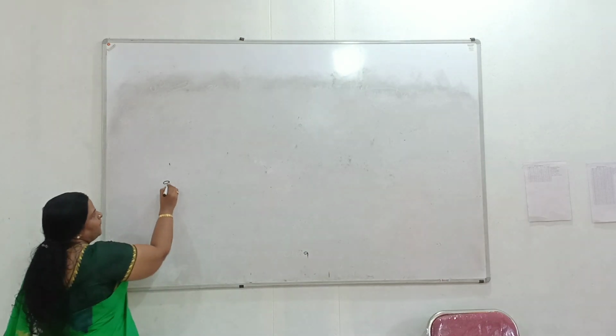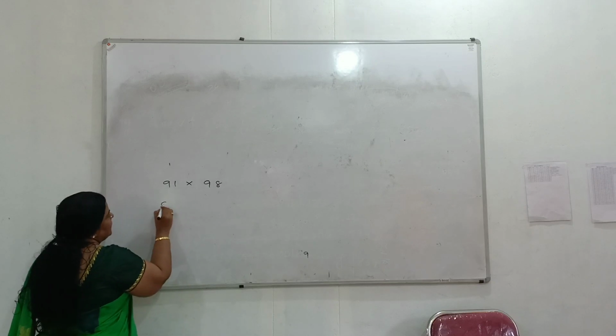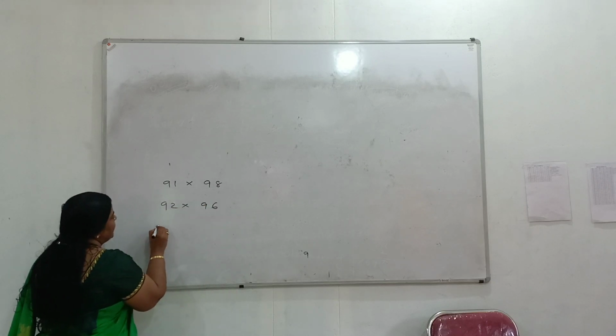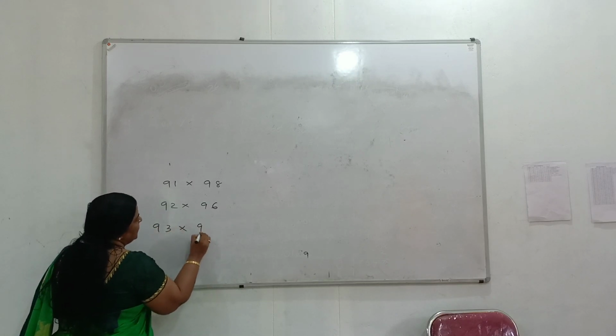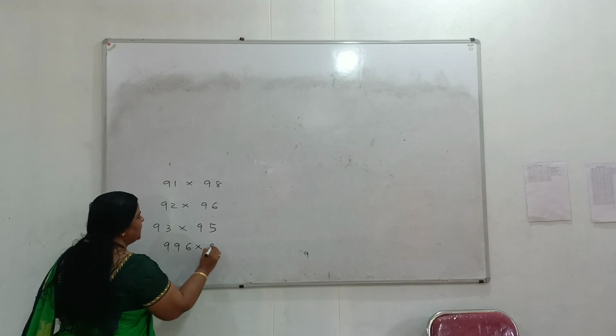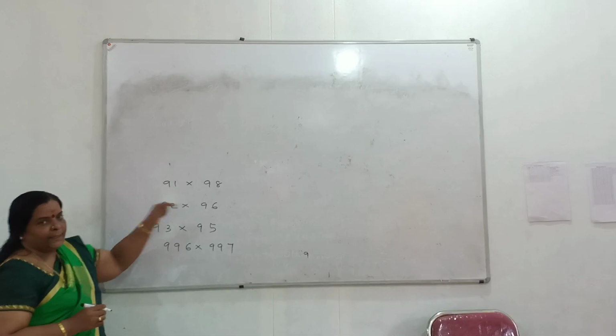Next is product of two different numbers starting with 9. If you want to multiply 91 to 98, 92 into 96, 93 into 95, 996 into 997 and so on. 91 into 98.